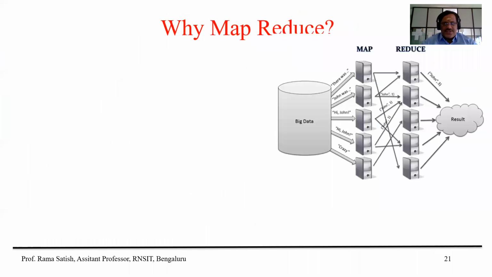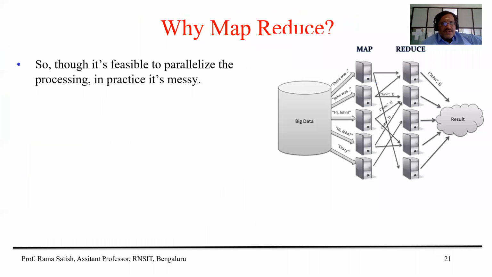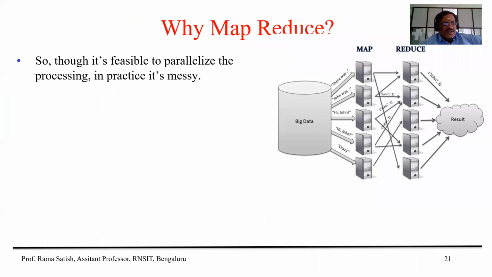So, of course, in big data we have mappers and reducers. Finally, we understood that the results will be combined into one, and all those things we understood. Though it is feasible to parallelize the entire processing, in practice, don't you think it is messy?